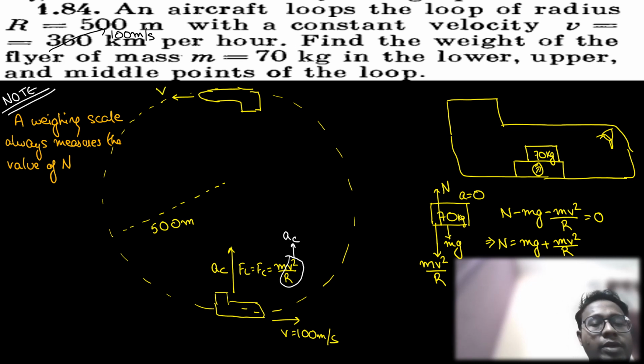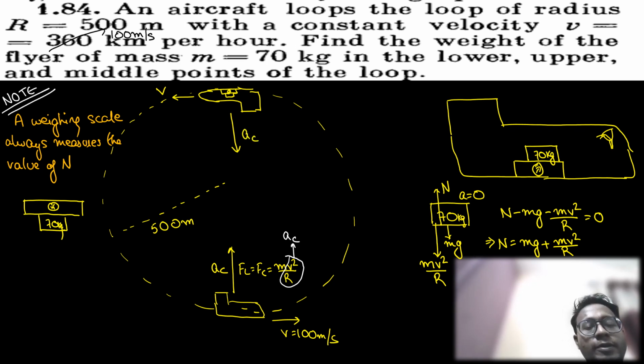Out here, if I see the same diagram, it would be the weighing scale and a mass would be kept out here. So if I draw the diagram, weighing scale and mass of 70 kg, and the acceleration of the aeroplane or the centripetal acceleration is directed downward.